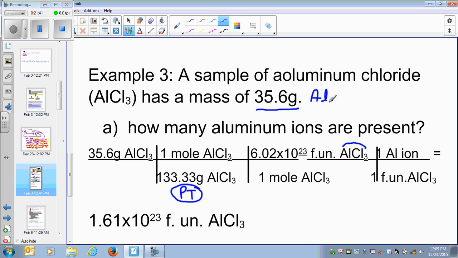Remember, we dissociated. It will dissociate into what? 1 aluminum ion and 3 chloride ions, right? So in 1 formula unit of aluminum chloride gives you 1 aluminum ion. All right. If it had asked you about chloride ions, okay, then what would you have done? You would have had 3 chloride ions here.